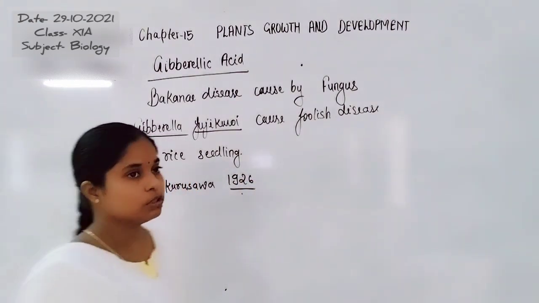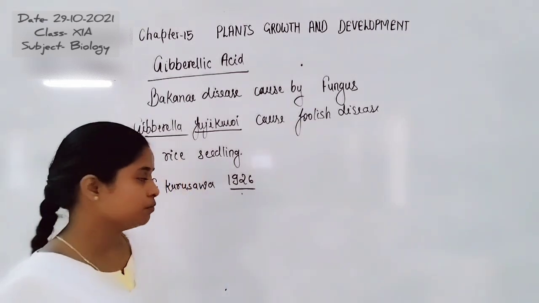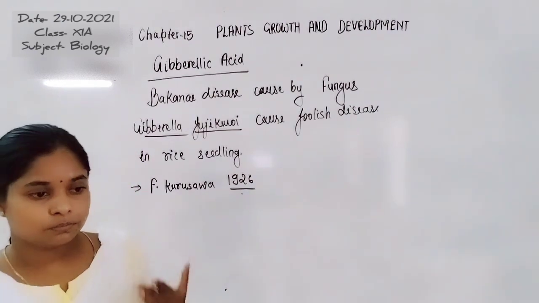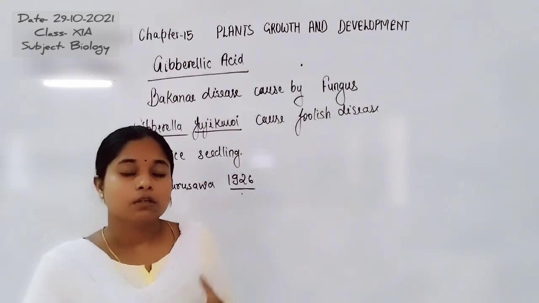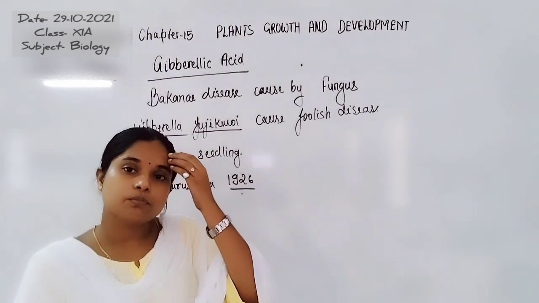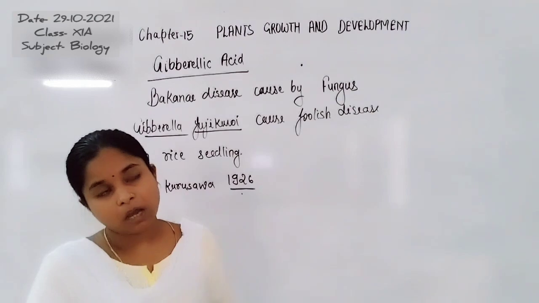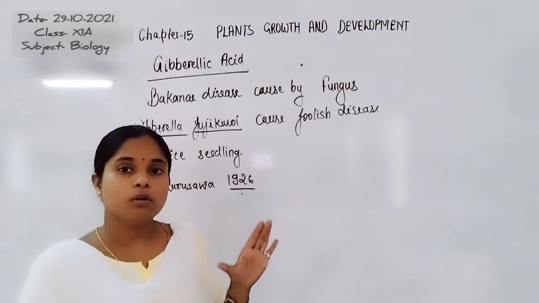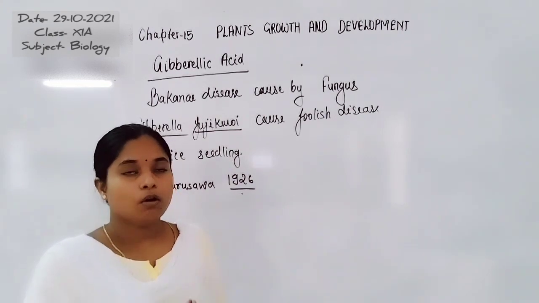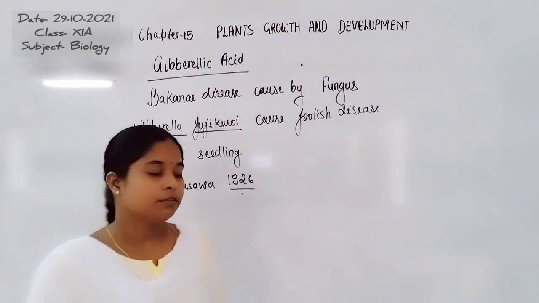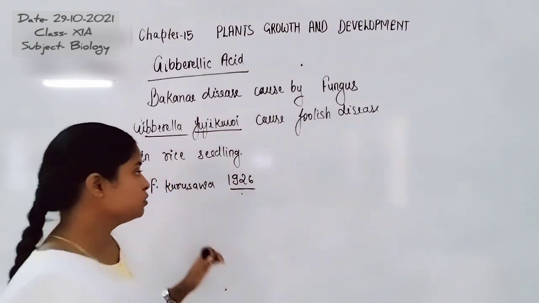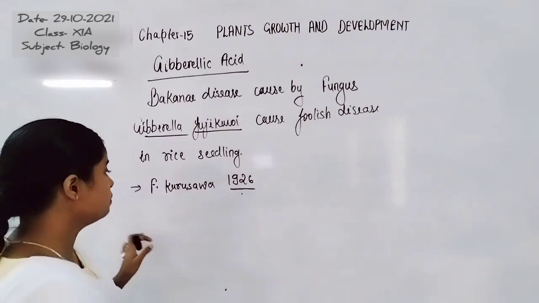When he used the filtrate of Gibberella fujikuroi and sprayed it onto the seedlings of rice, he observed that the plant grew to extreme height. That means the nodes or internodes became elongated in such plants after the formation of gibberellic acid. Actually, Gibberella fujikuroi synthesizes gibberellic acid.